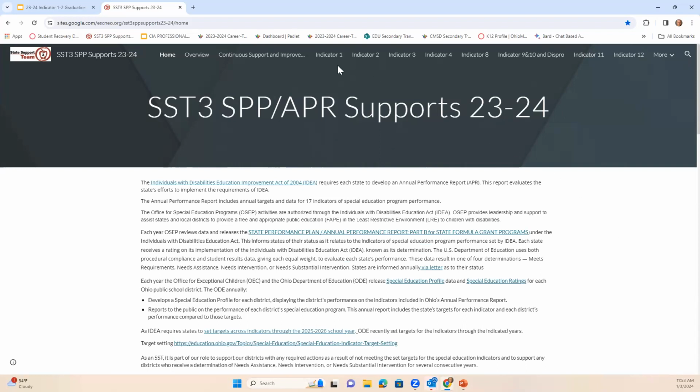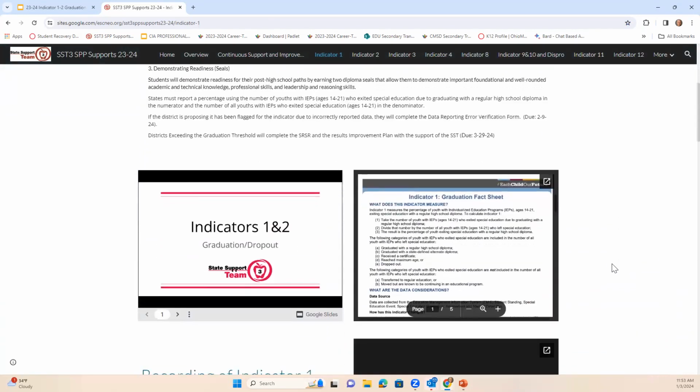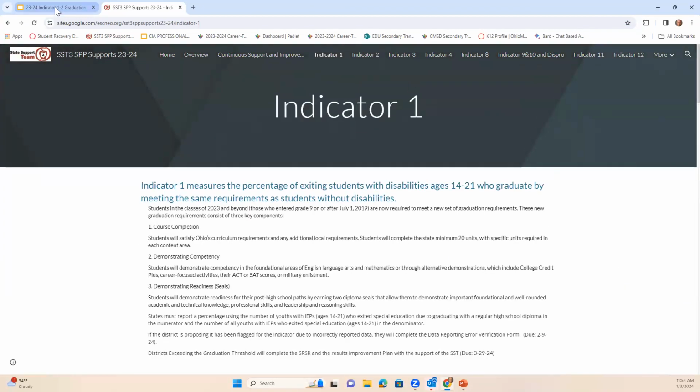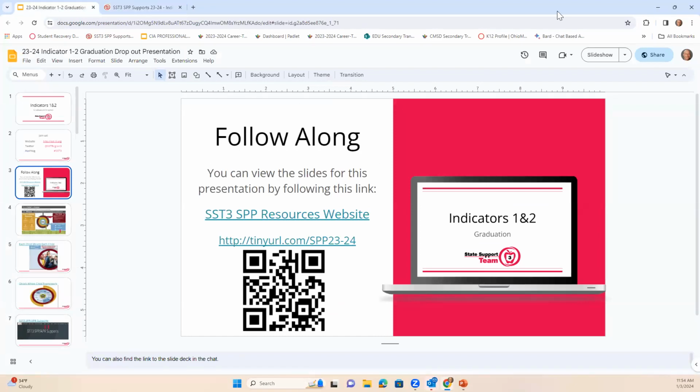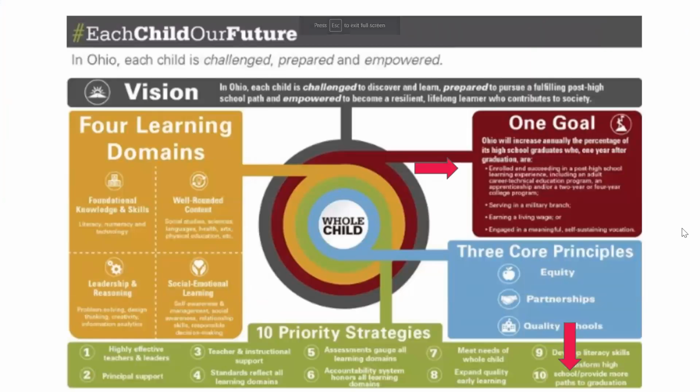You can see that each of the indicators that have currently been released that require actions are listed across the top. So, for instance, Indicator 1 is right here, and you can see that it gives you an explanation of what the indicator is all about. A fact sheet, the PowerPoint, as well as this narrated PowerPoint will be included there as well.